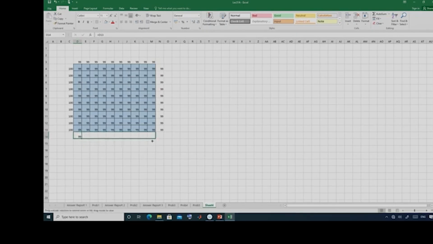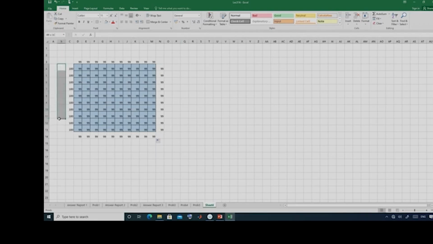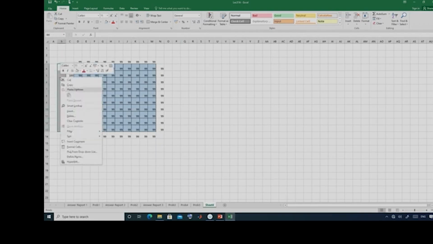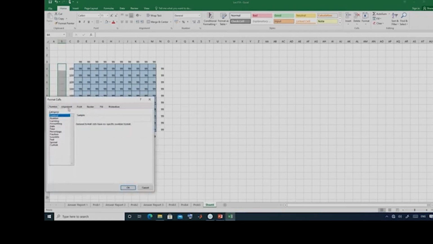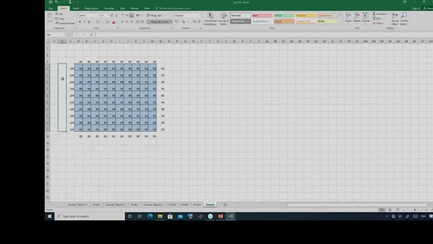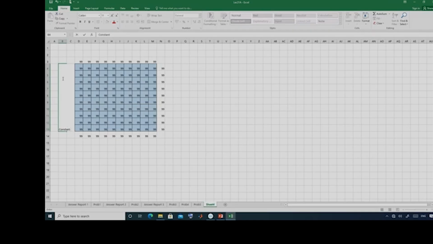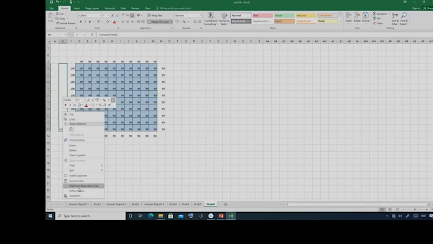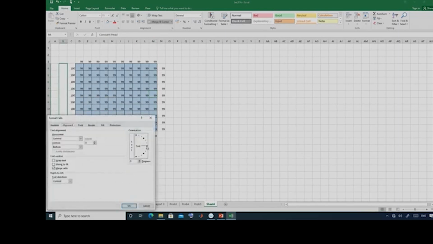So, I can do that. Let me define the boundary condition. I will rotate this text.